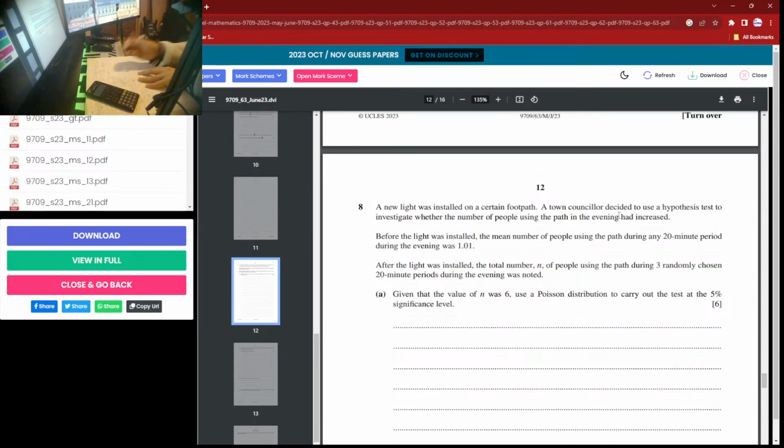So that just means that P(X) is more than 6 minus 3.03 divided by the root of 3.03. That gives us P(X) is more than 1.706.